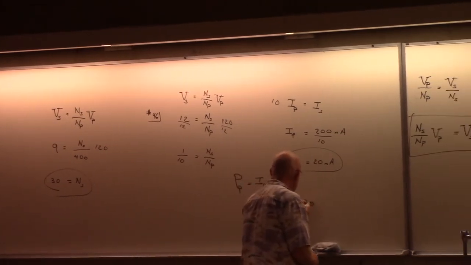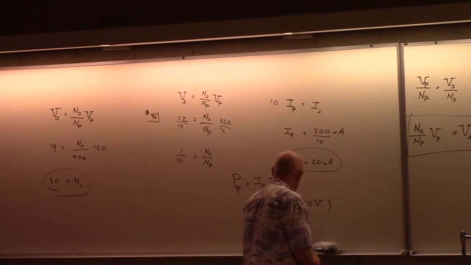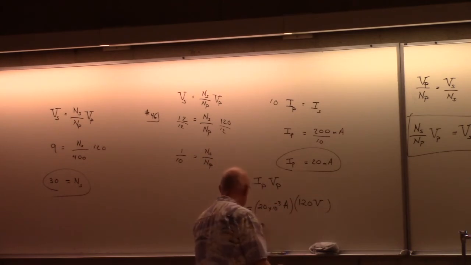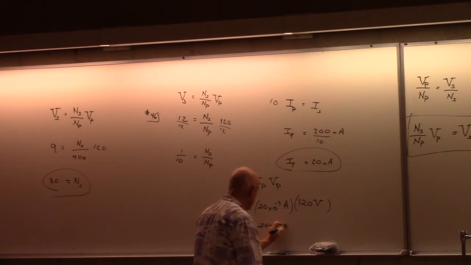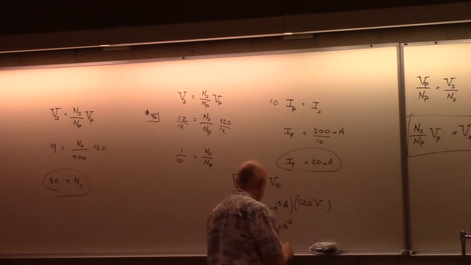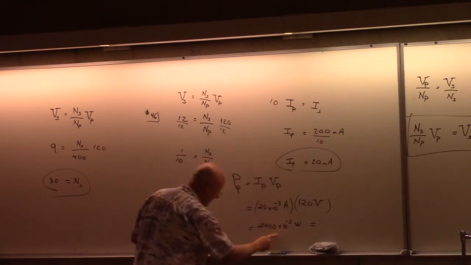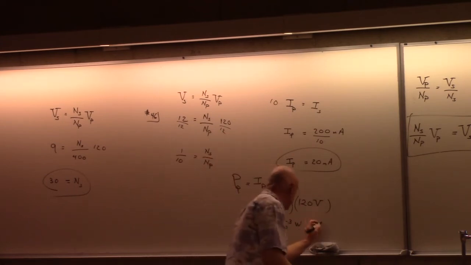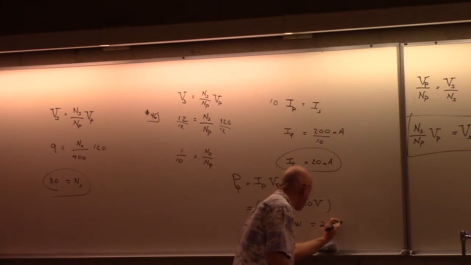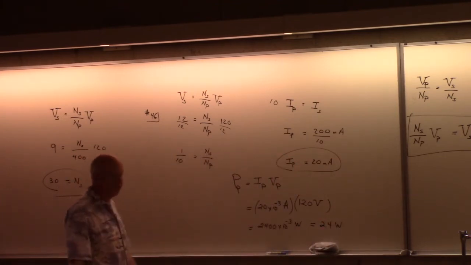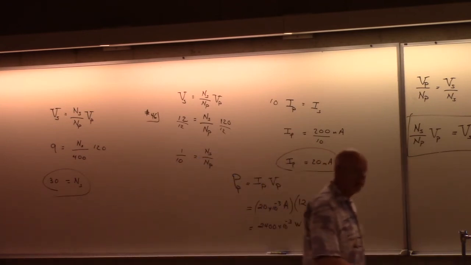The voltage was the 120 volts. And so putting that together, 2 and a 12 makes a 24, 2400 times 10 to the minus 3, and an amp times a volt is a watt. Why don't I just take the 10 to the minus 3, put it right there, and so this is 2.4 watts. And yes, that would be the appropriate number for a small appliance here.